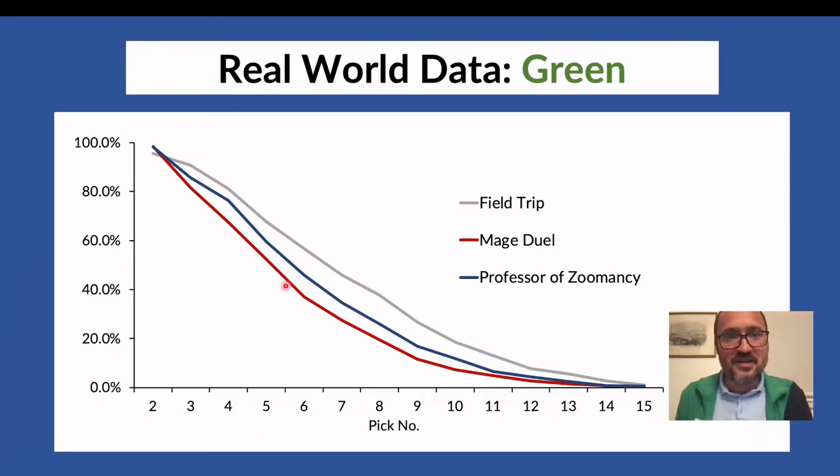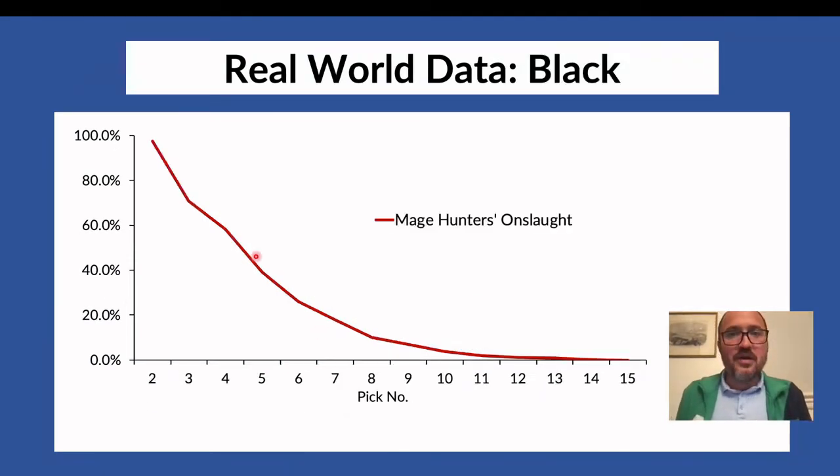It has the biggest drop off in the early stages, and because of that, it still being there at pick 6 at 35% probably will be a stronger signal than Professor of Zoomancy, which would probably be 45%. So in black, the interesting part was that the only really strong signal was Mage Hunter's Onslaught.